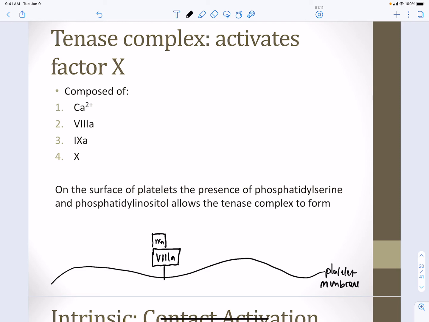And also factor 10 will be bound. So you're going to have factor 8, which in the presence of thrombin becomes that factor 8A. And then this is going to cause the release of factor 10.